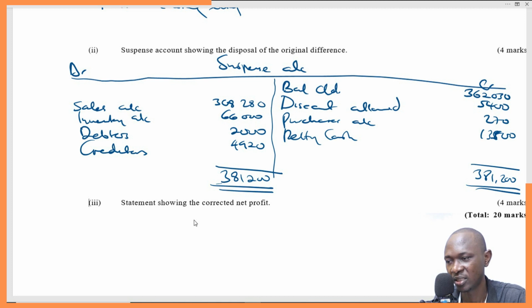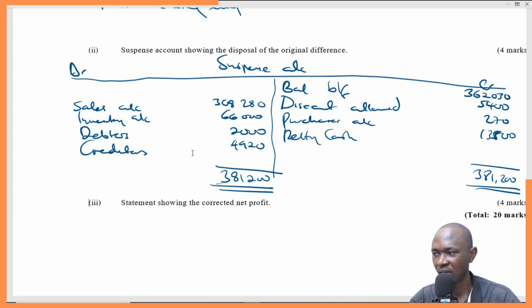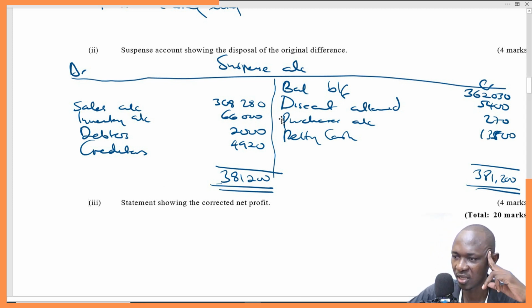That's why we are putting it here, so that we start from there and then do the corrections, and at the very end it should basically balance. So that's how it's supposed to be. This is not balance carried down, this is balance brought forward. Balance brought forward from actually the reason why the trial balance was not balancing. 362,030, and then these are the corrections, so it balances at that.